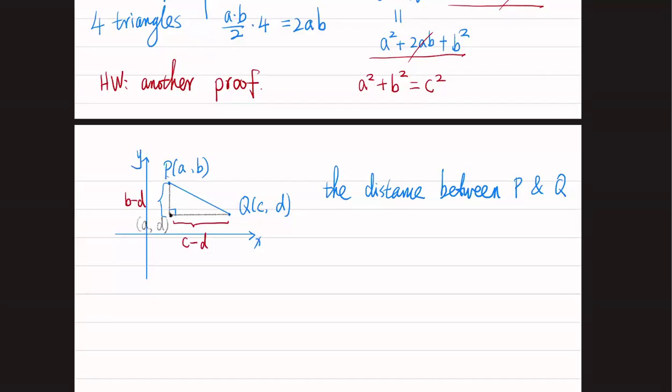Now we are going to apply the Pythagorean theorem. The square of this length will be the summation of the two squares. So the square of the length with P and Q will be, okay, I wrote something wrong. You said C minus A, but I wrote D. C minus A. Make corrections.